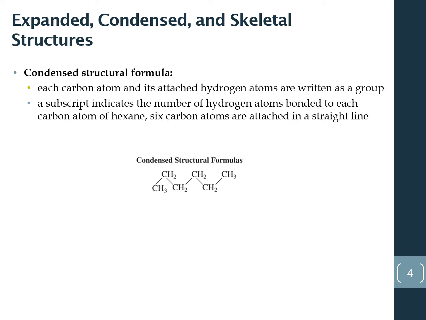The condensed formula, it's a very useful one. It's very easy for you to see the condensed formula and complete any of the other formulas that you are going to learn about today. So the condensed formula is actually grouping the elements.